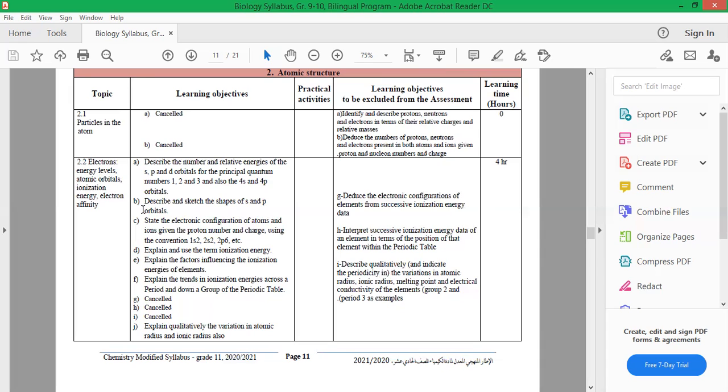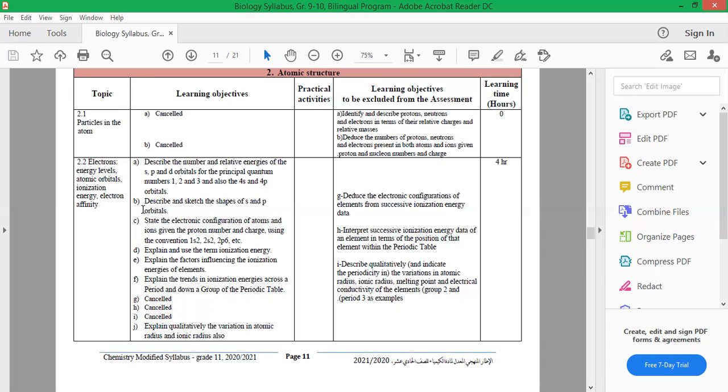And P we can divide into three more orbitals: Px, Py, and Pz. You need all of these, how to draw the shape for Px, Py, and Pz. On page number 31, on the top, there are three shapes given.